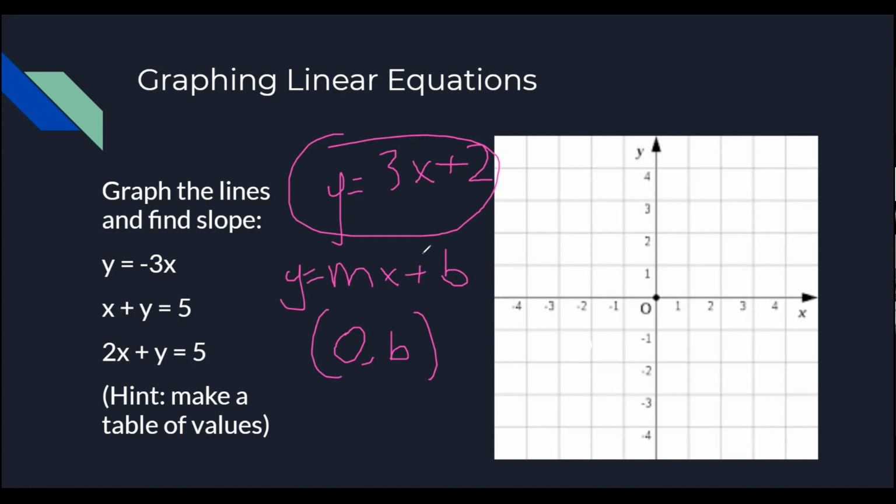And the reason is because when you have the line y equals mx plus b, when you plug in 0 for x, no matter what m is, mx will be 0. So y will equal b. When x equals 0, that's when the line touches the y-axis, okay? We already established that.